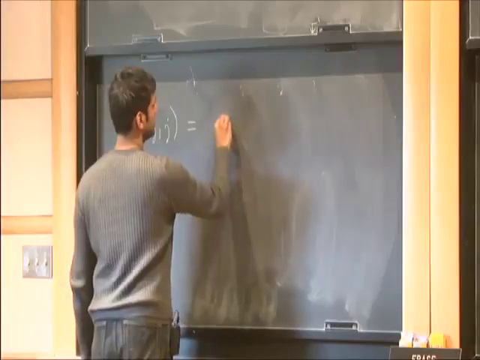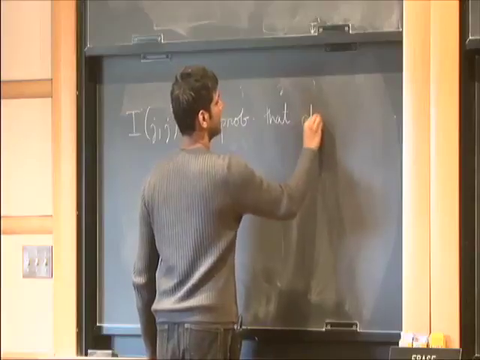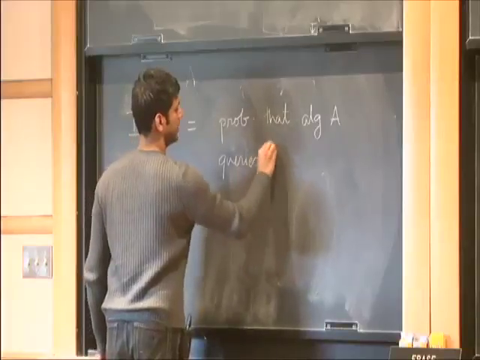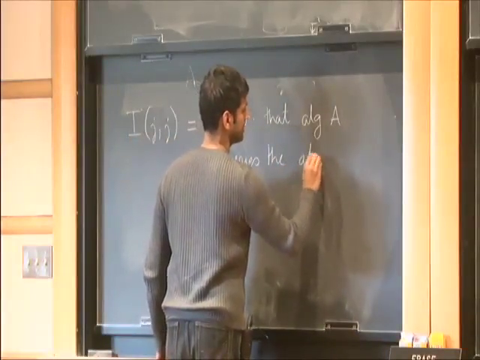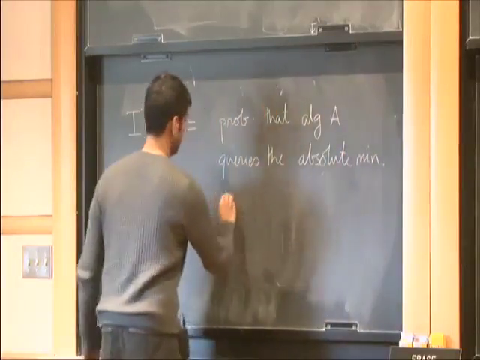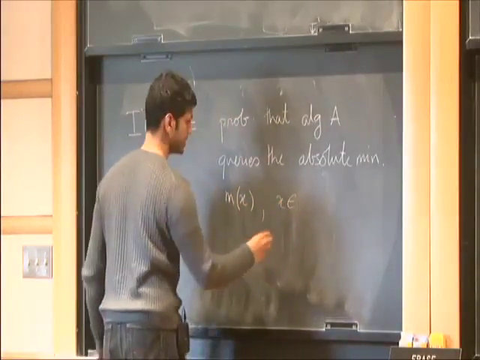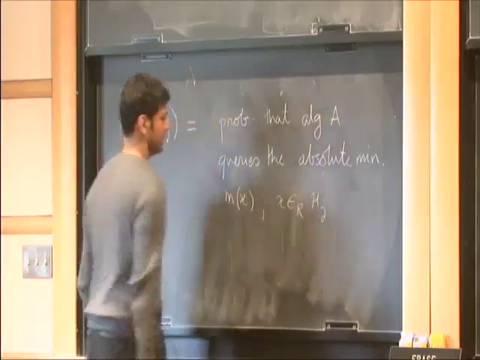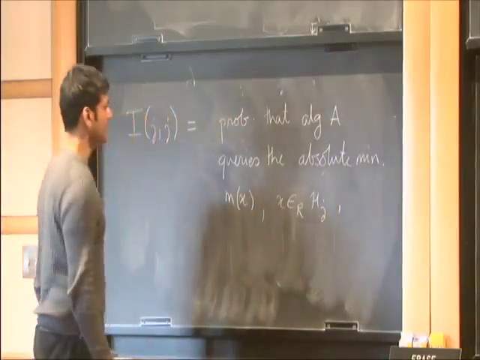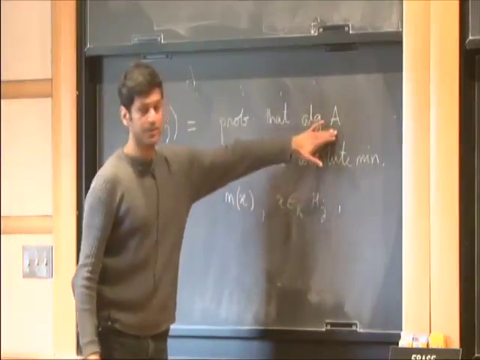So this is exactly the probability that algorithm A queries the absolute minority leaf m sub x when x is chosen from the hard distribution for height j instances of the problem. That's right, optimize over the best algorithm A, right?